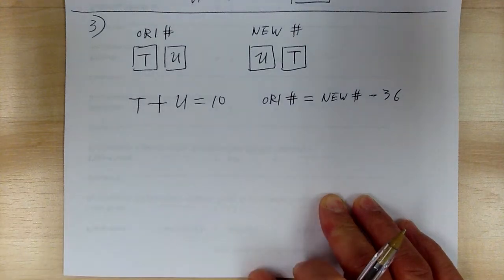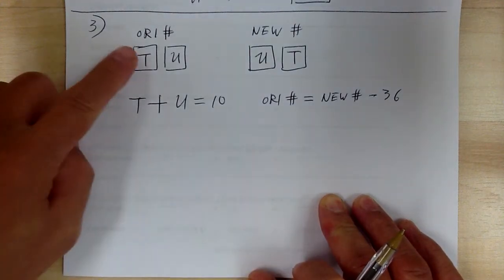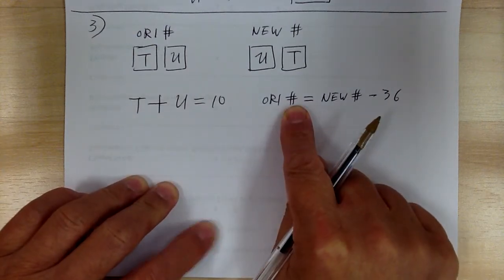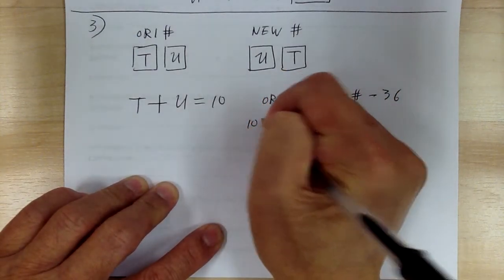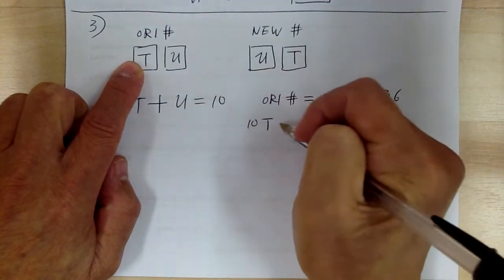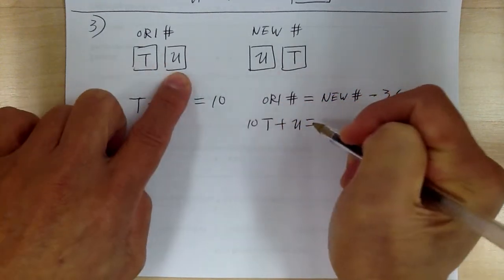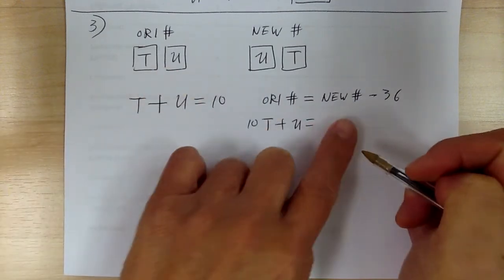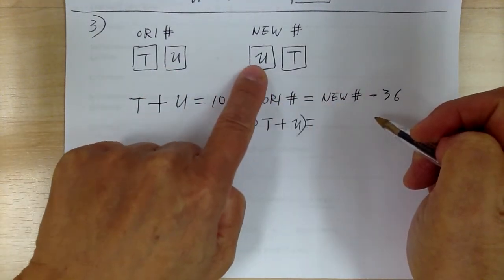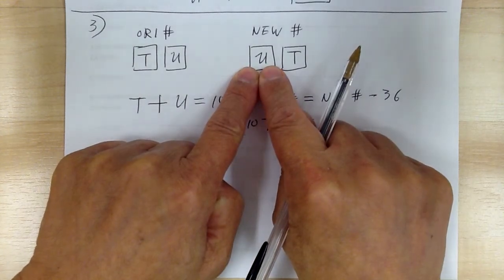When it's a number, this is worth 10. So when you deal with a number, you have to multiply the t by 10 because this is in the tens place, plus u because this is only multiplied by 1, right? Now the new number is over here. So this is worth 10 now because this is in the tens place.